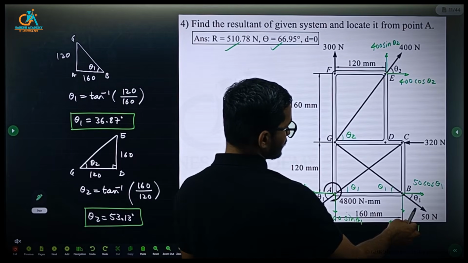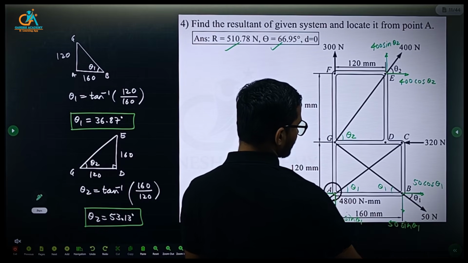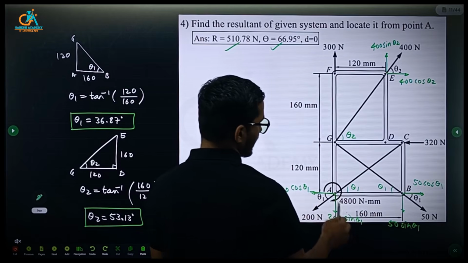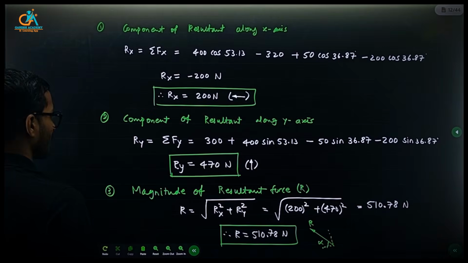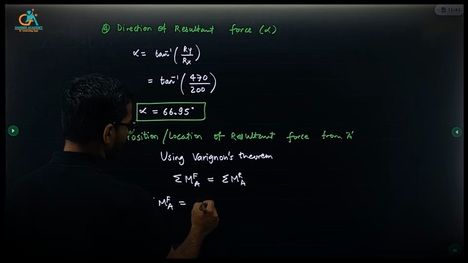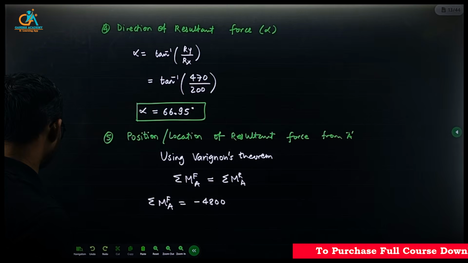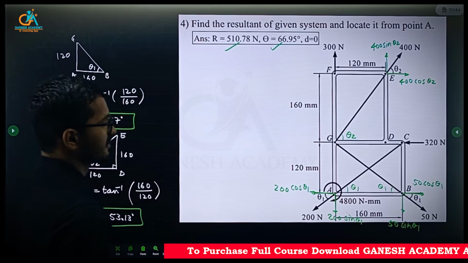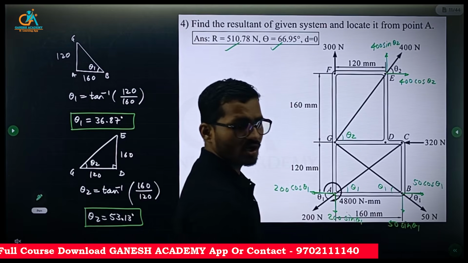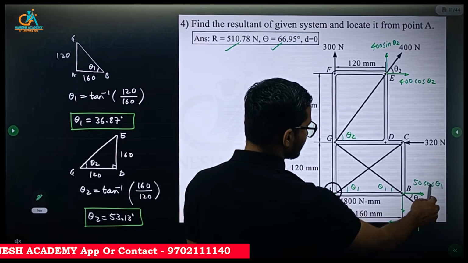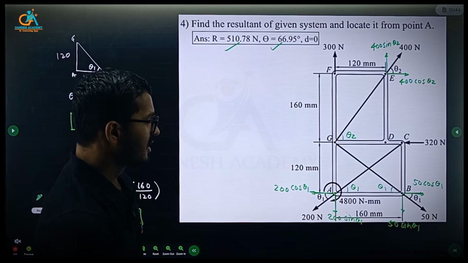Now we have to consider the components of force P, the 50 Newton, 320, and this 400, and again there is a couple of 4800 clockwise. So first the couple 4800; clockwise I am going to assume as negative. Then this 50 sine theta 1 is at distance 160, producing clockwise moment, and 50 cos theta 1 has its line of action intersecting point A, so it will not produce any moment.